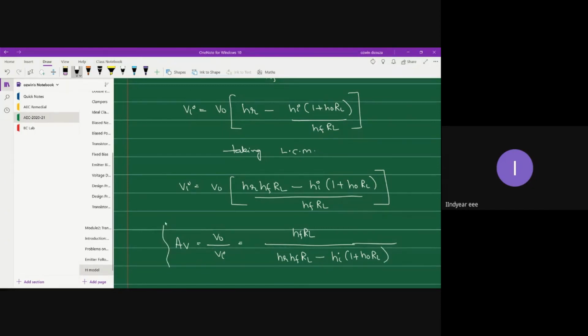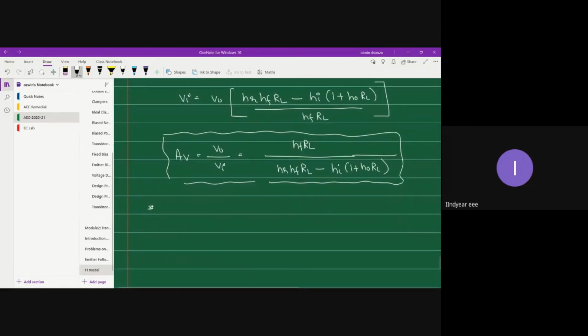So that's your voltage gain, the second expression. It is easy, but you have to be very careful with the substitution part. All right, so that's your second performance parameter, the voltage gain.